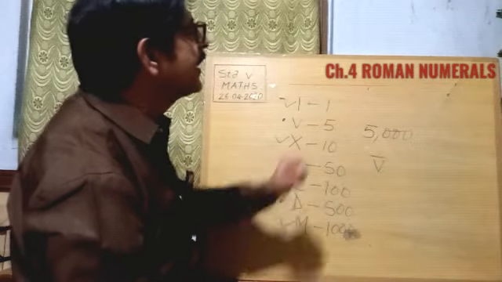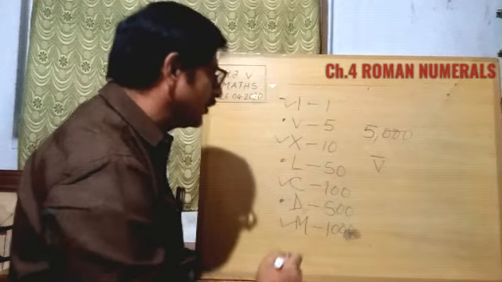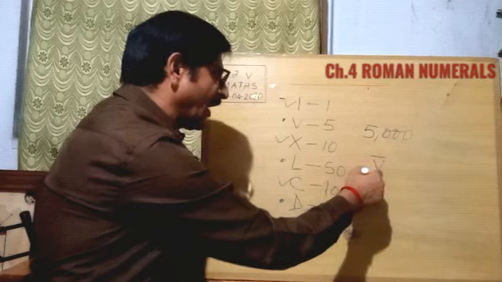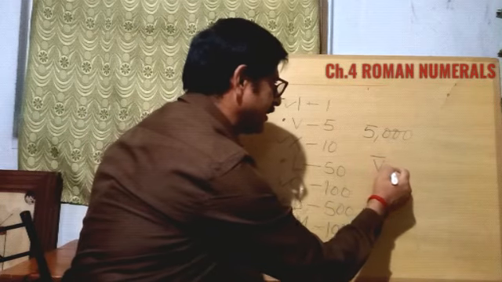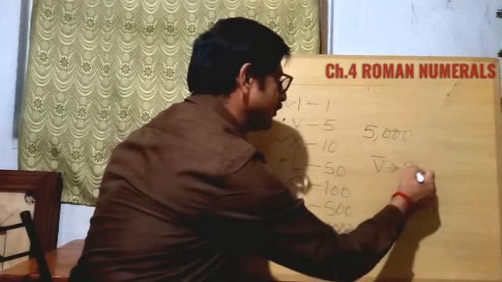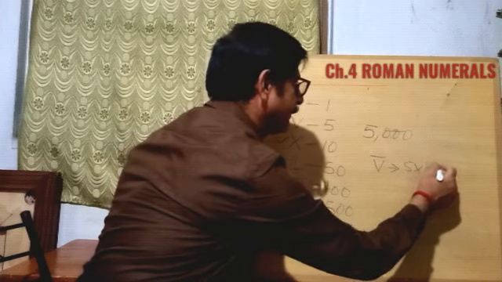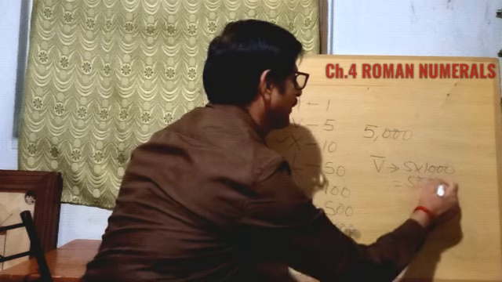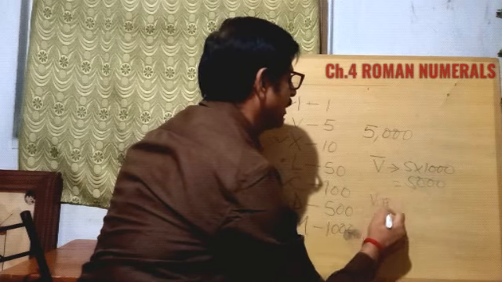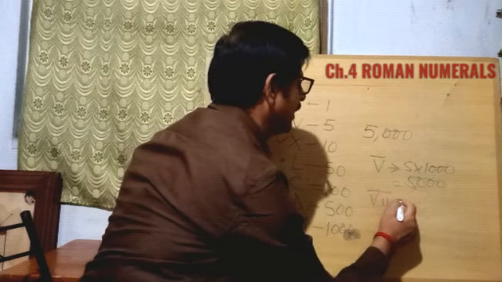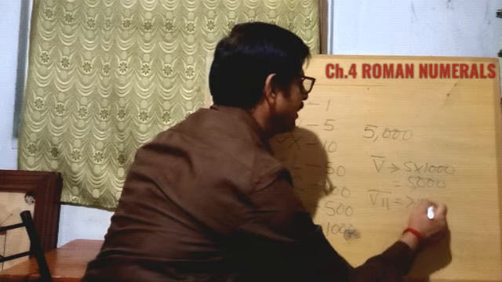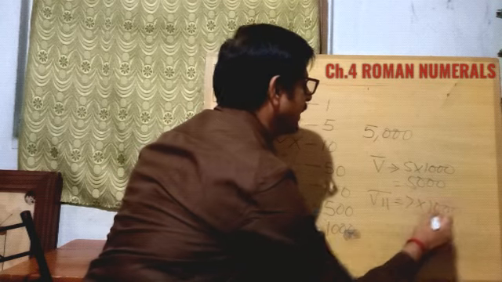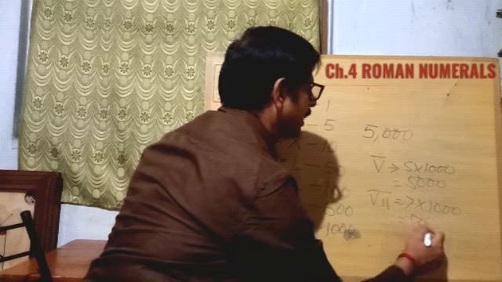It is called a vinculum. This vinculum multiplies the value 1000 times. It is 5 into 1000, that is 5,000. For 7, put a bar over VII, and it is 7 into 1000, that is 7,000.